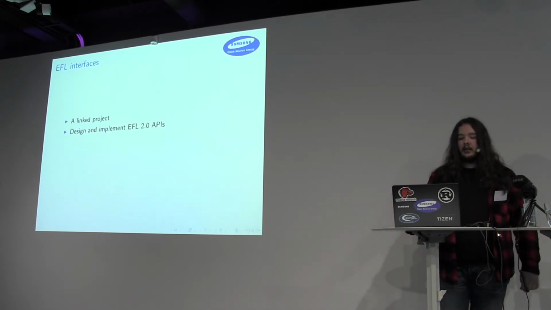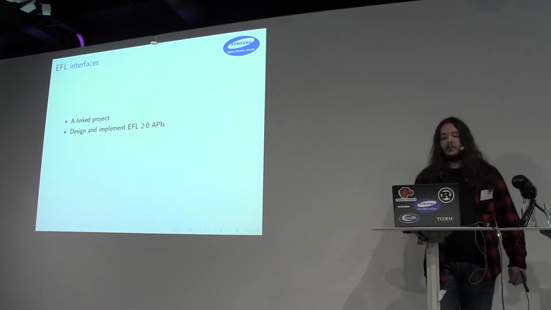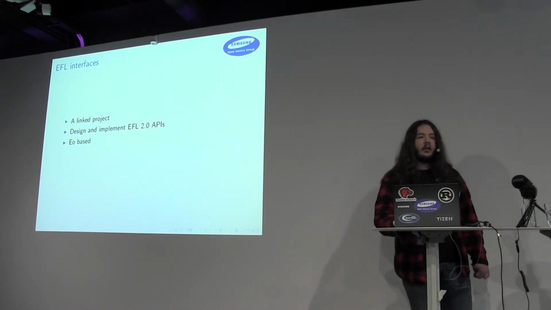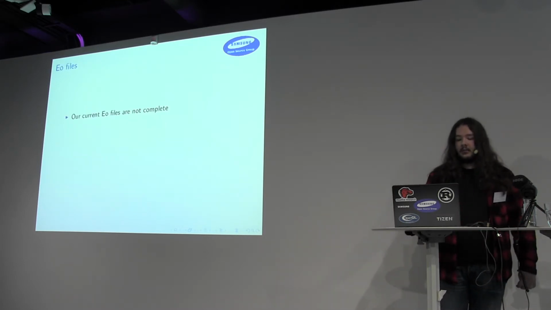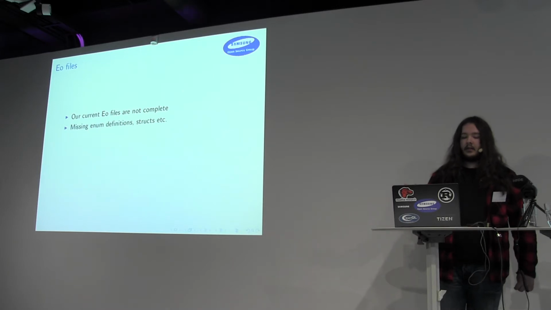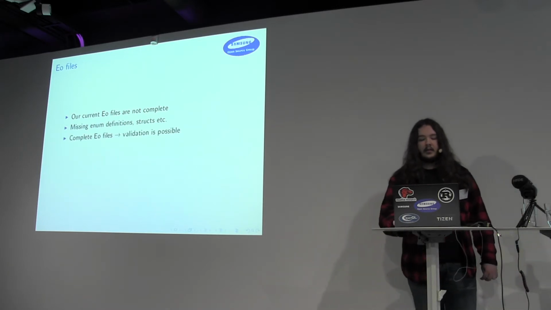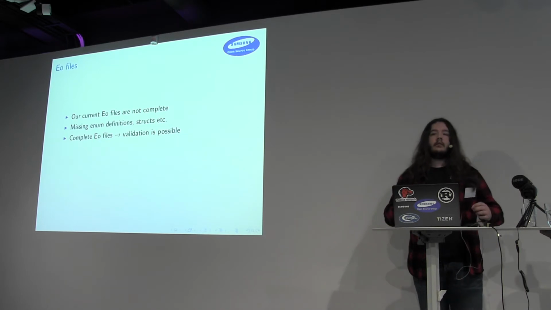EFL Interfaces is a separate project, and it's meant to design and implement EFL 2.0 APIs. It's based on EO, obviously, unlike the previous API, which wasn't. And this is a problem for generating bindings because, as I said, it is not complete, missing definitions. If we complete them, we can validate them.